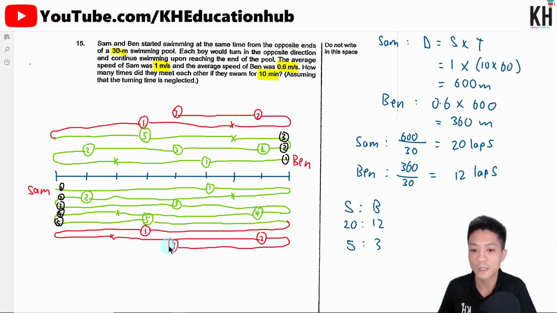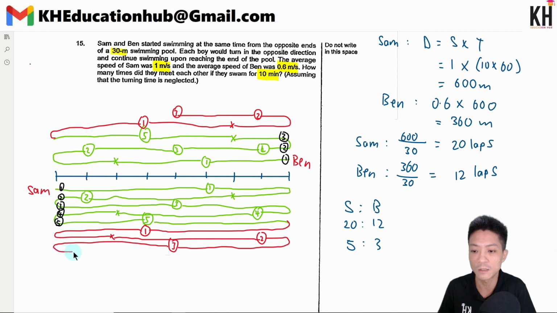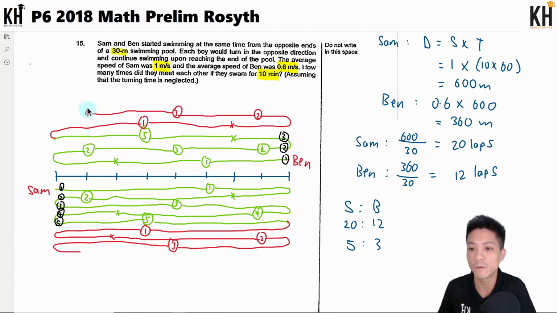Go another 5. So 1, 2, 3, 4, 5. Then we'll go another 3. So it's 1, 2, 3. Okay, so this is the 4th point where they meet each other.